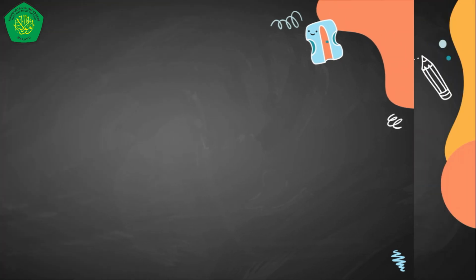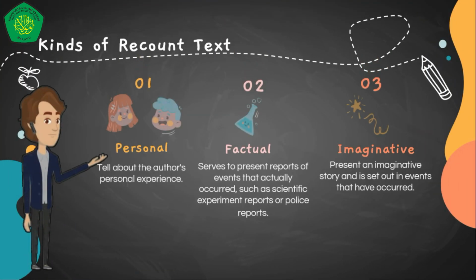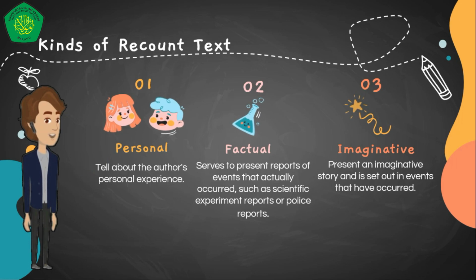Okay, then next is kinds of recount text. There are three kinds of recount text. The first is personal. This kind of recount text, personal recount text, tells about the author's personal experience. And then the second is factual recount text.